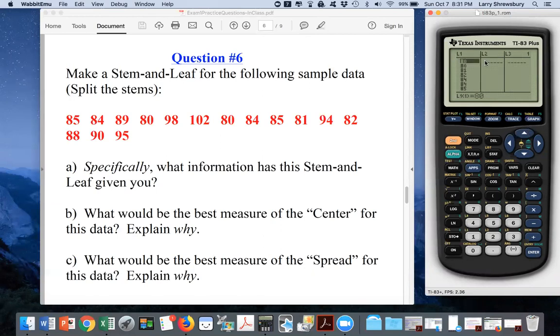Now, which are the lower leaves and which are the upper leaves? Well, you could use your fingers for that. So pull out your fingers, and on your left hand, starting with 0, count. You have 0, 1, 2, 3, 4, and you used up all 5 digits on your left hand.